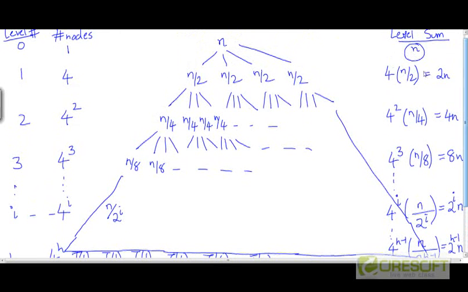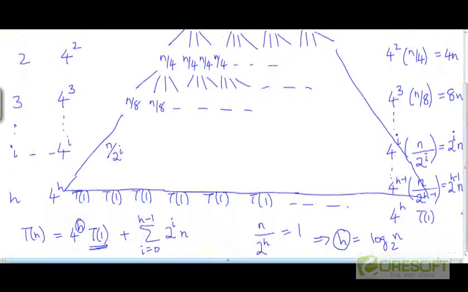And if you look at the second part of the term, these are the costs for the individual nodes. These are decreasing by a factor of 2 down the tree. At the penultimate level, the cost of each node is going to be equal to 2.